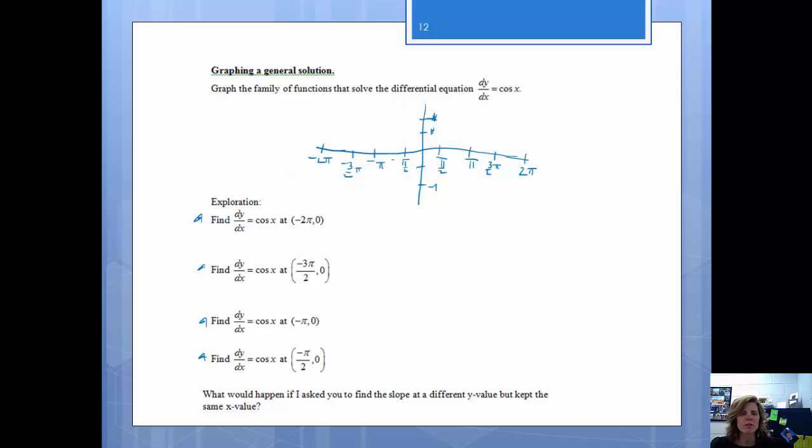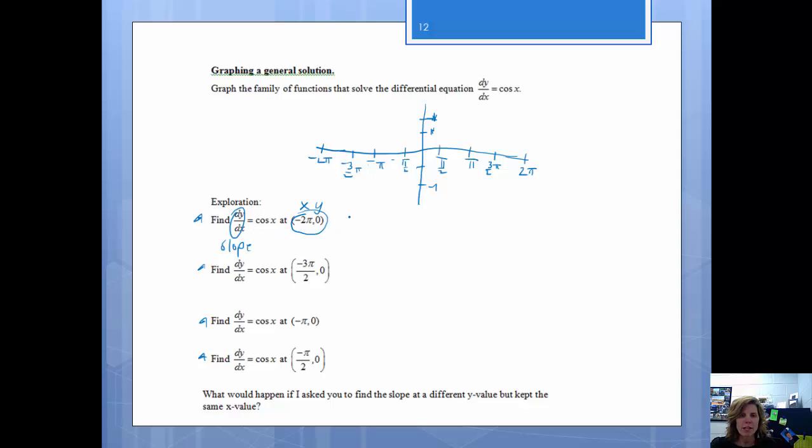So the first one says to find dy/dx equals cosine of x at the point (negative 2 pi, 0). What this is asking me to find, dy/dx, please remember, is just another way of saying the slope. So we want to find the slope of cosine x at the x value negative 2 pi, and 0 is our y value. So at that point, we would like to know the slope.